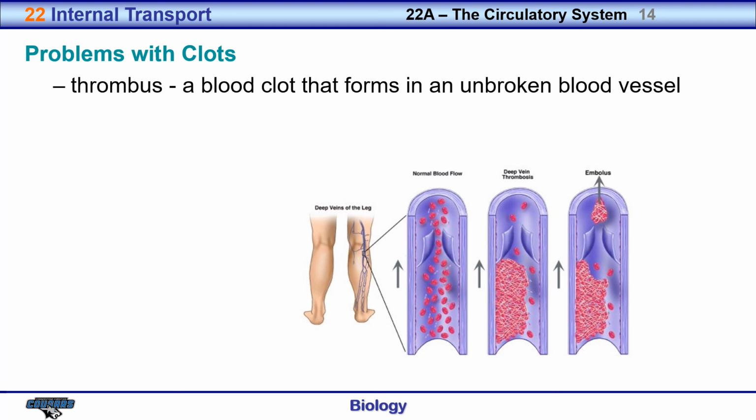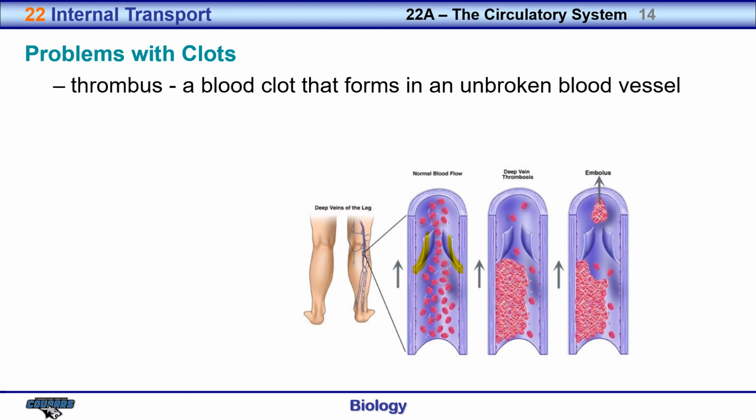If you look at these diagrams down here on the right, in normal blood flow, the red blood cells move through veins in the body. You may be wondering what these things are right here. Your veins actually have valves in them that allow blood only to move toward the heart, not to flow backwards.